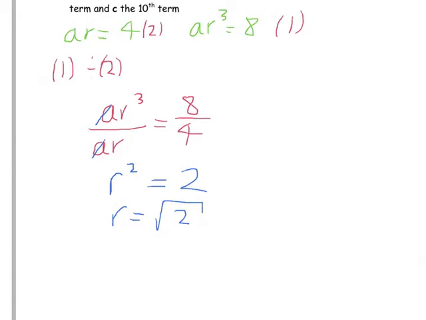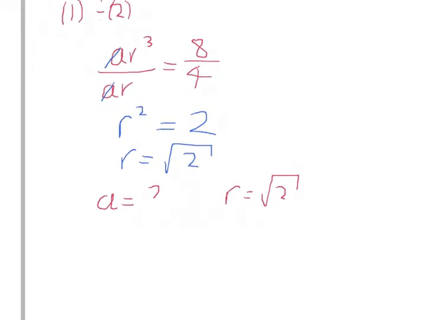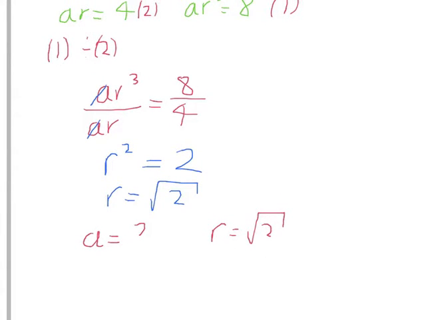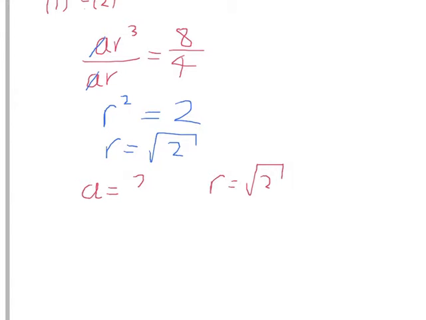So in our rule for the nth term, we now know the first value is what we need to find, but we know that the common ratio is root 2. Now the second thing we're asked to find is the first term. So remember, the second term is equal to 4. So to find the first term, we need to do 4 divided by root 2. Now remember, from Core 1 we can rationalise this by timesing both the top and the bottom by root 2.